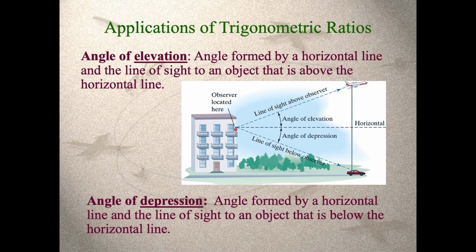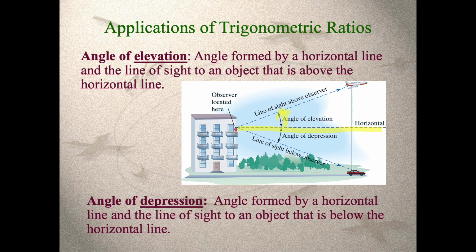All right, so let's say you're this person in this picture that's standing on the balcony. You create a horizontal line to the ground from your eye level, and anything above that creates an angle of elevation. So this person looking at the airplane creates that angle of elevation because it's above the horizontal line.